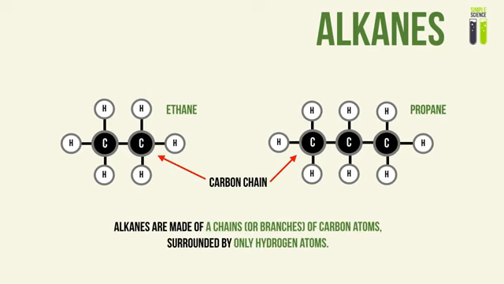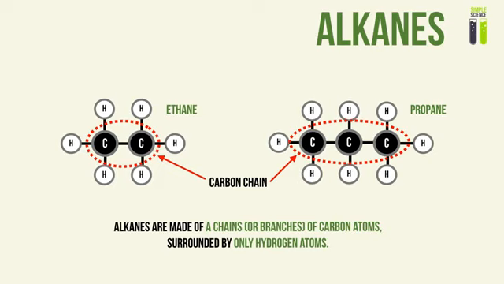Their general shape consists of the main carbon chain or branches that may attach to it, which I will talk about later. So it mainly consists of a carbon chain or branches and will be surrounded completely by only hydrogen atoms. So as I said before, they are hydrocarbons and they will only contain carbon to carbon single bonds and carbon to hydrogen single bonds.